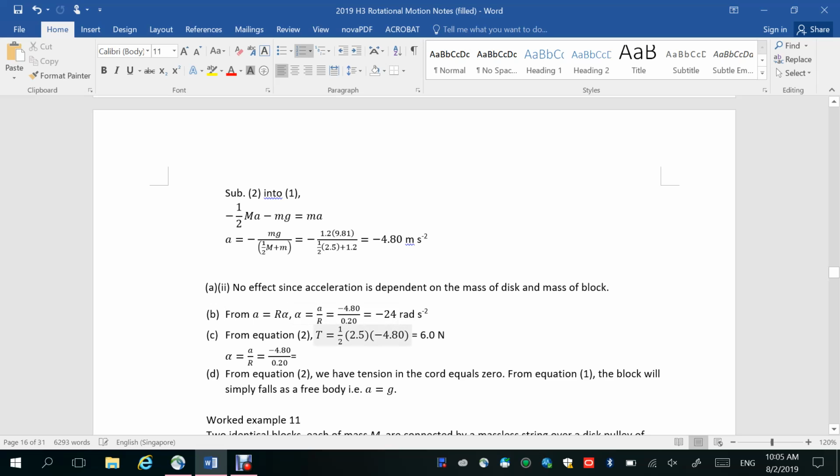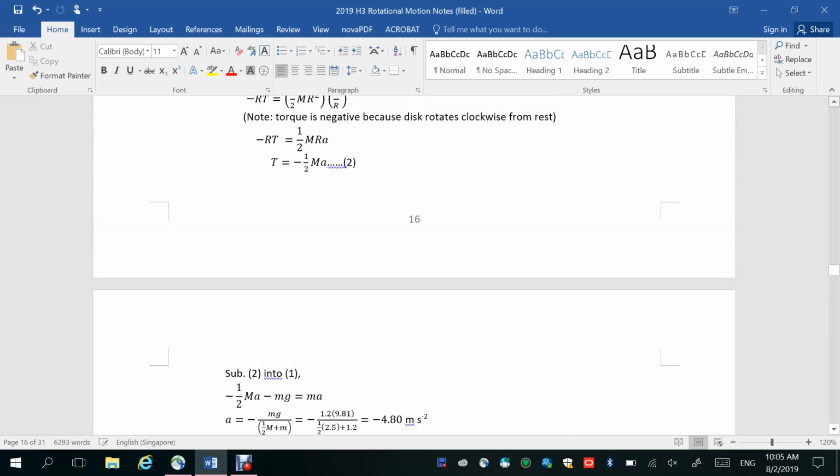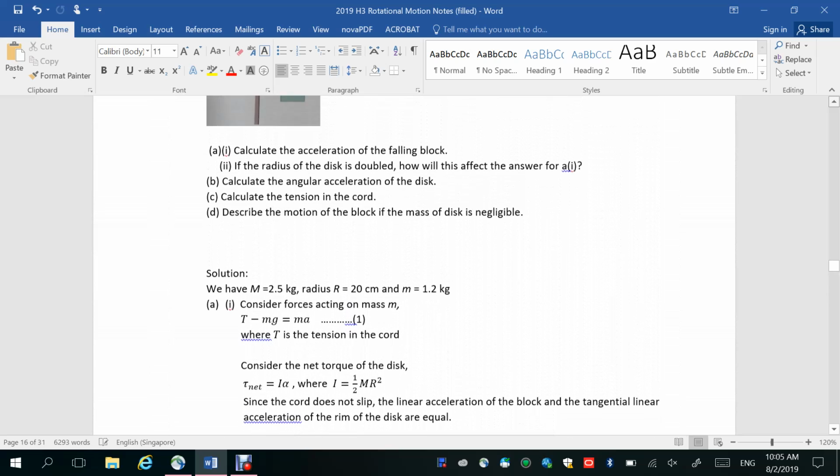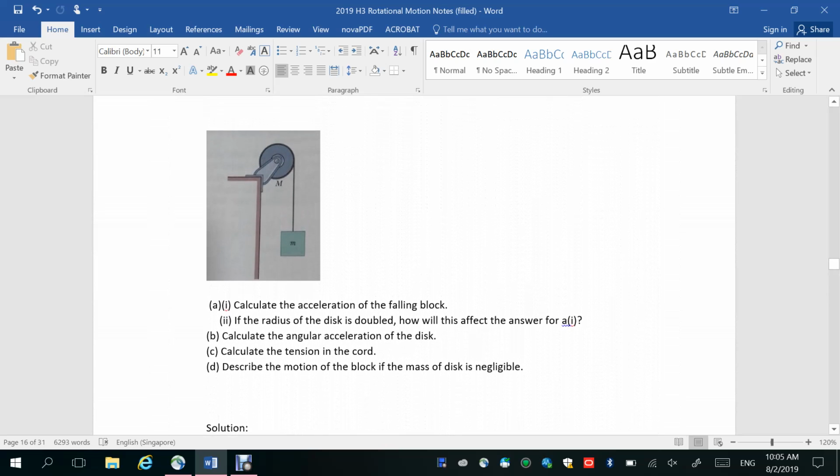Some of you asked why I ignore the negative sign. With respect to the disk, the tension is downward, so it's actually clockwise.